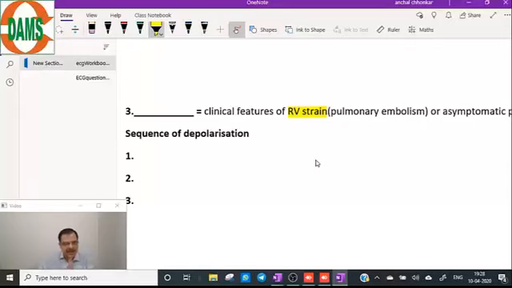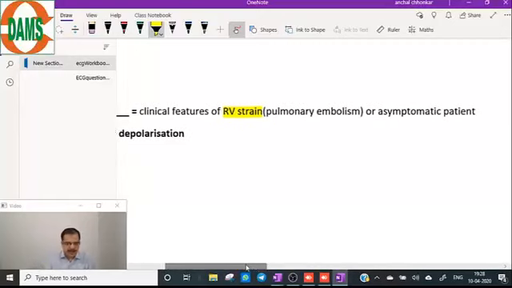Yes, you are right. S wave depth in V5, V6 will be slightly more deep because there is a posterior wall hypertrophy. Now come to the number third abnormality, and the history given to you is a clinical feature of right ventricle strain, and right ventricle strain is seen in pulmonary embolism, or the patient can be totally asymptomatic.